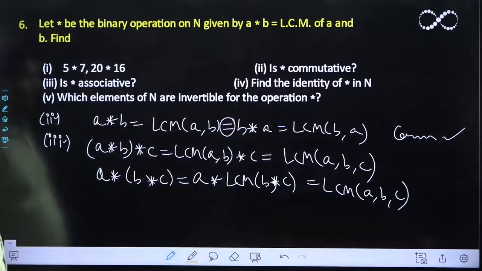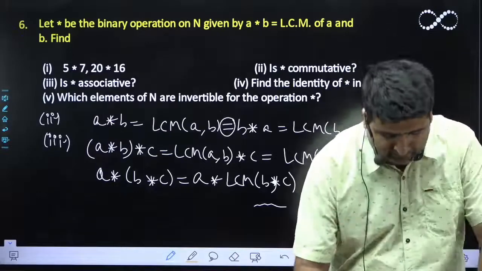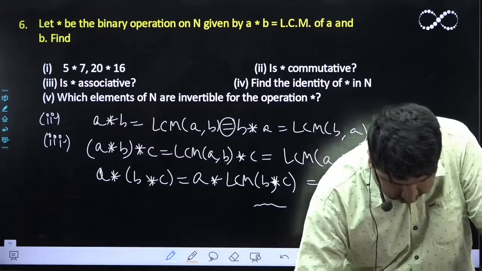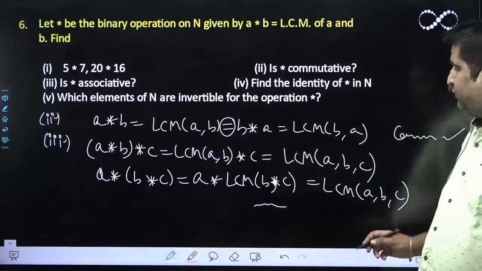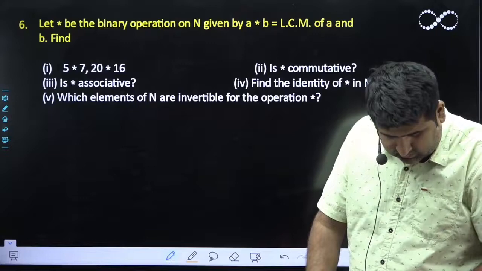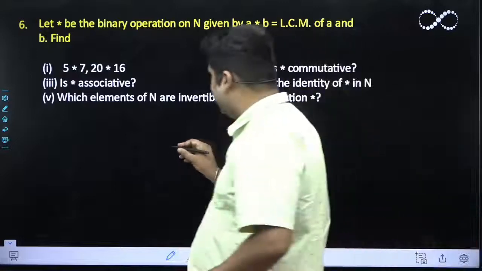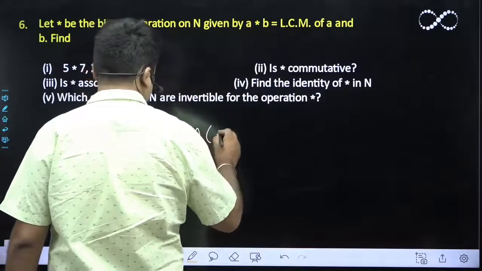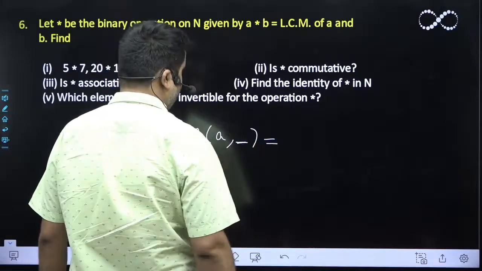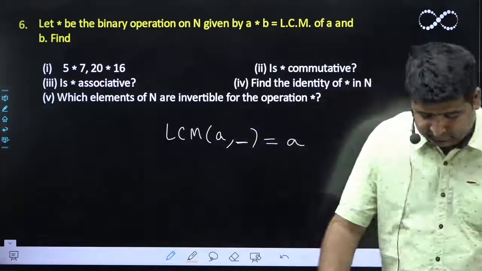Okay, find the identity of star in N. Now, what is an identity? This is a pretty typical question when we have to find the identity. We have to find such an element that the LCM of A and that number should be equal to A. So that will be the identity.